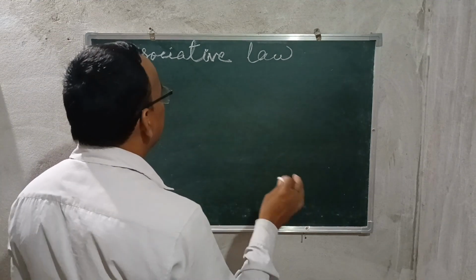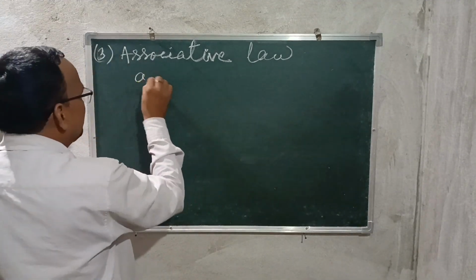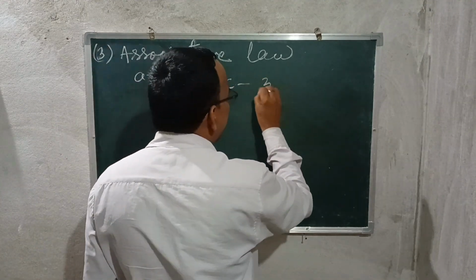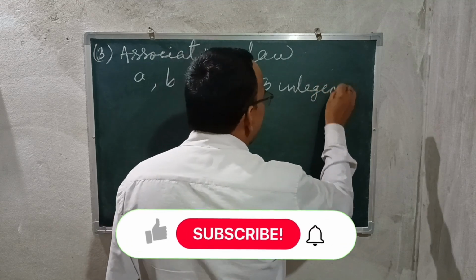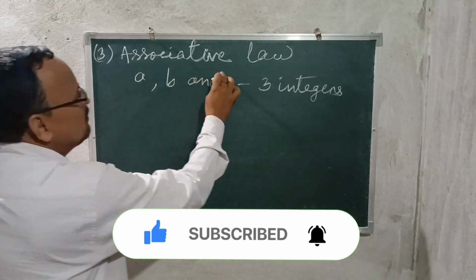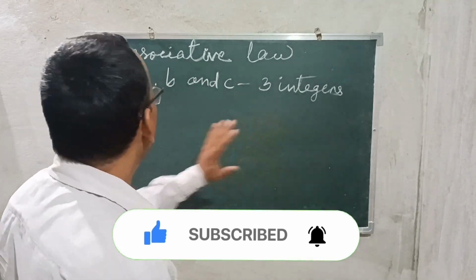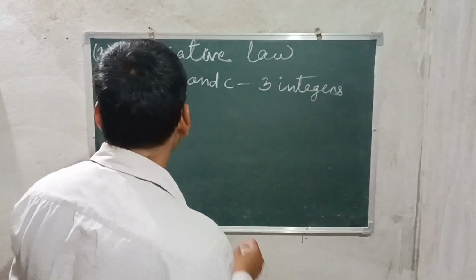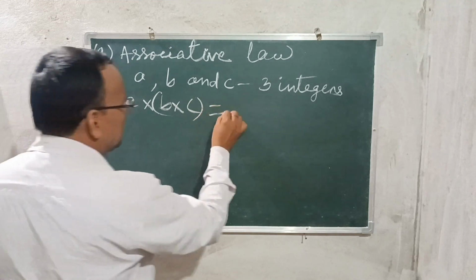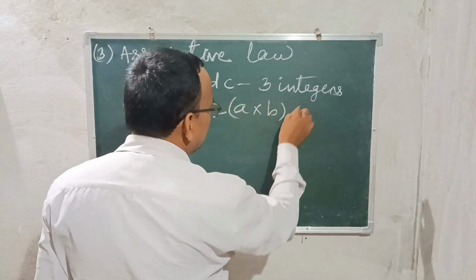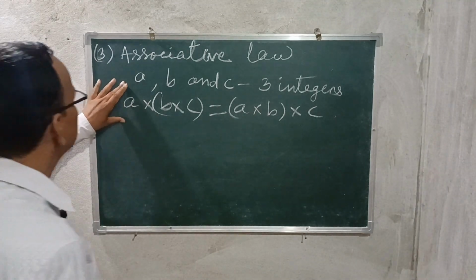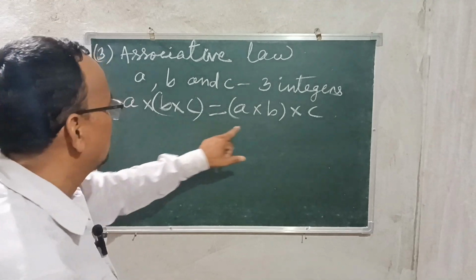Let us take three integers A, B, and C. Then associative law of multiplication. We are studying about the associative law of multiplication. Then (A into B) into C is equal to A into (B into C). This is associative law of multiplication.